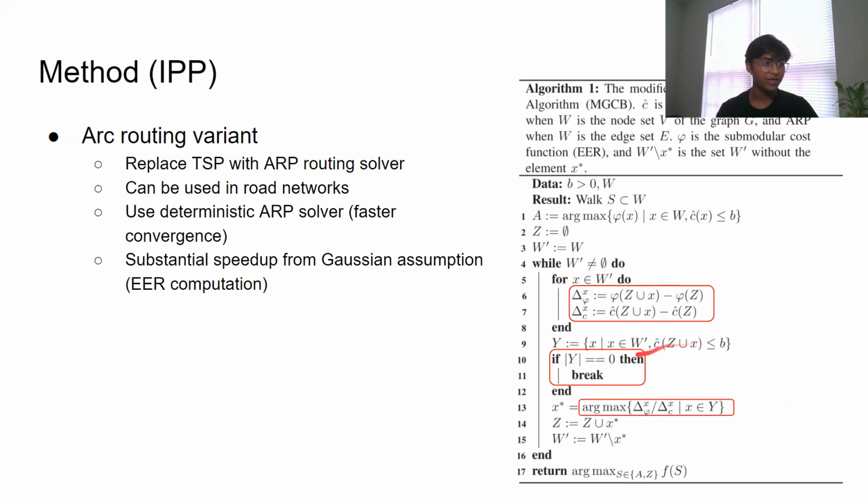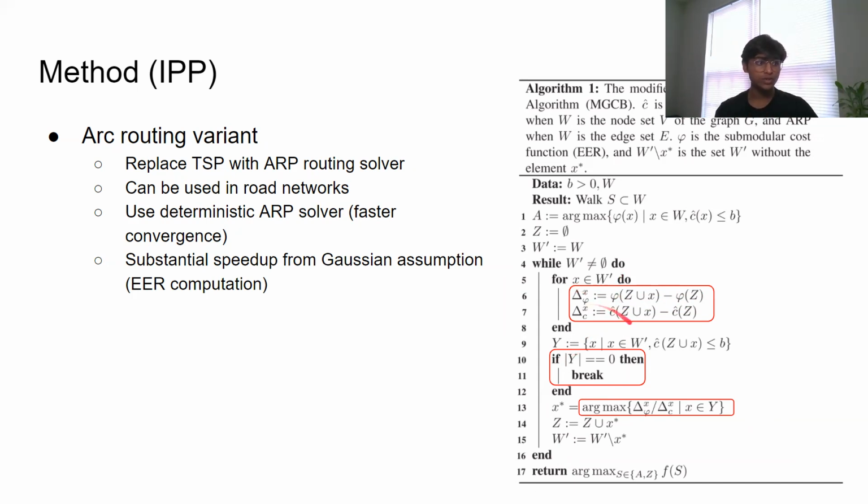The inner for loop over here measures those ratios of EER to route cost. The first line is computing the increment in the EER. And the second line is measuring the increment in the route cost upon adding a particular edge.